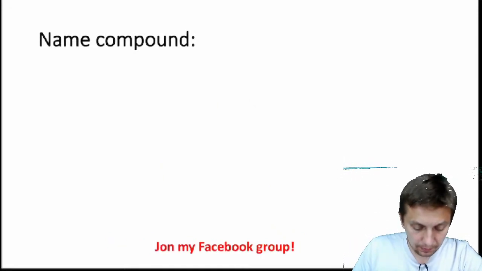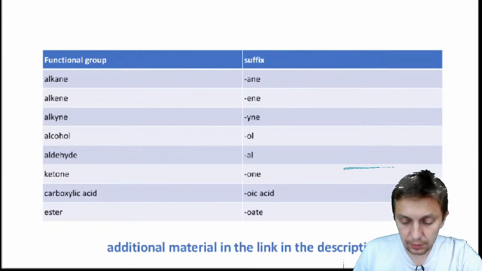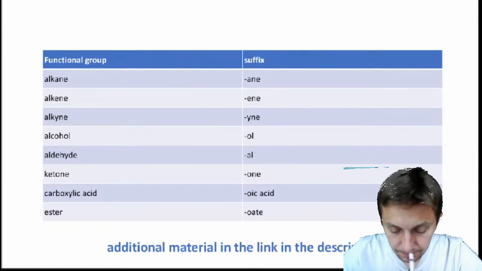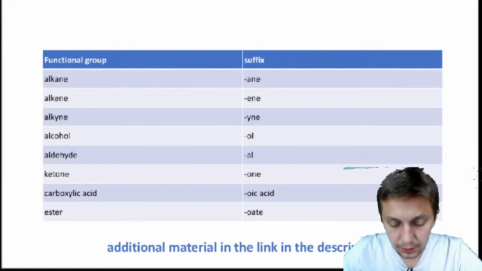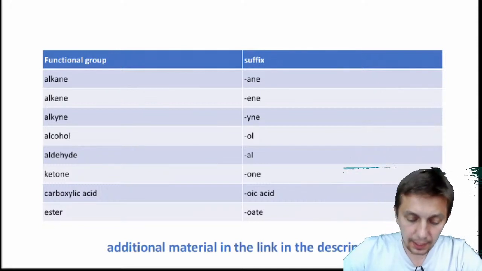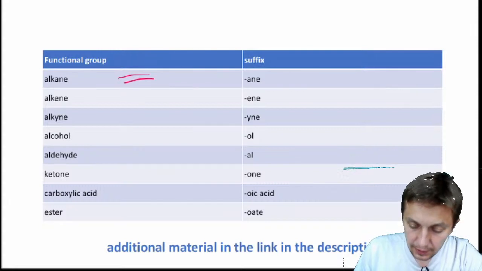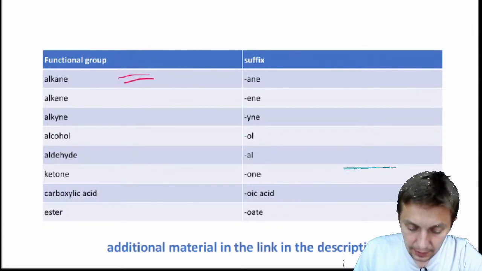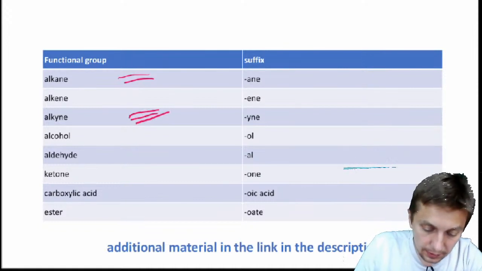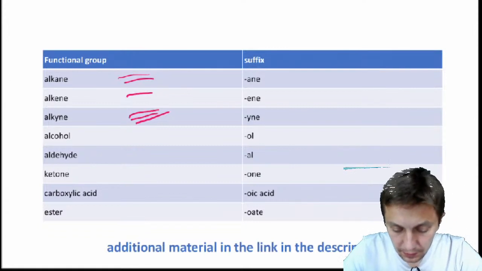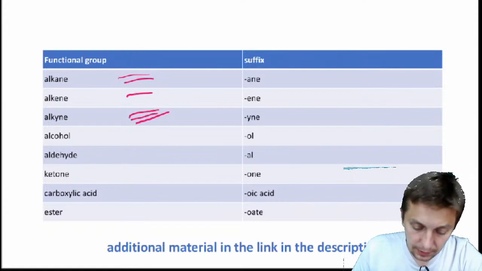For some compounds, we also must know functional groups, suffixes and prefixes. If we have a double bond, it's alkene, suffix -ene, and triple bond, -yne, and single bond, -ane. Each compound has a unique suffix. If we have an OH group, it's ol.